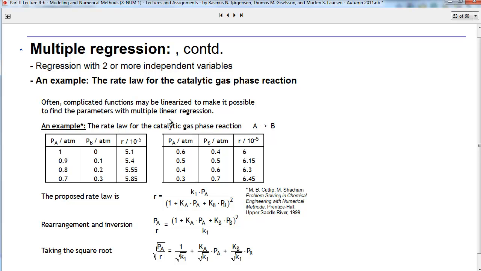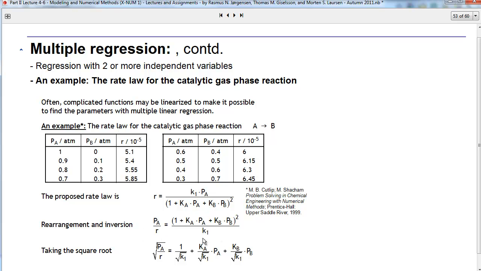But it can be complicated to linearize it and find the parameters. And here is an example. Looks very complex when you look at it, and you have to play with it and work with it. But if you invert this one, and you divide it, then you end up with this relation.